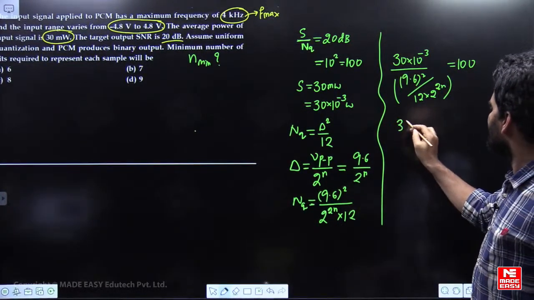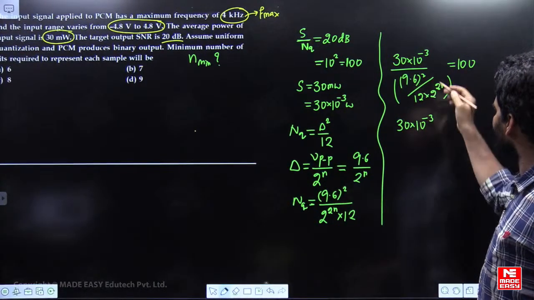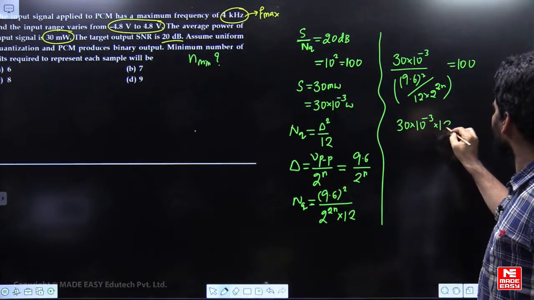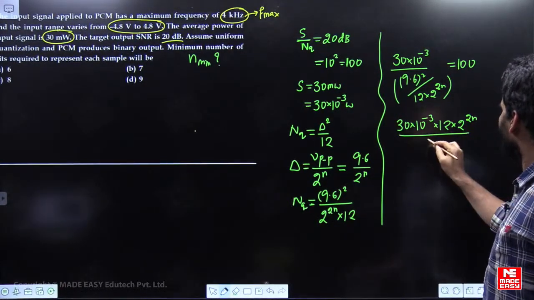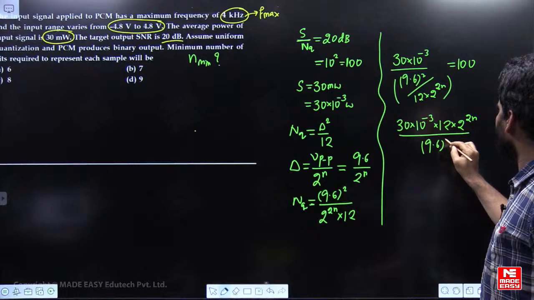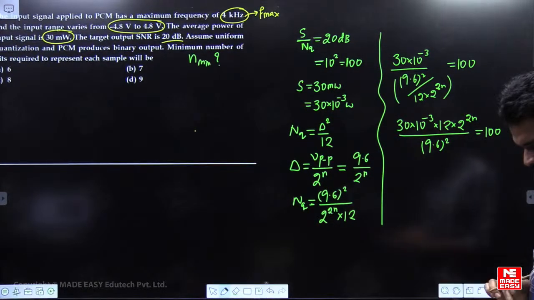So this is 30 times 10 power minus 3, and if it goes to the numerator, this is 12 into 2 power 2n upon 9.6 square is equal to 100.